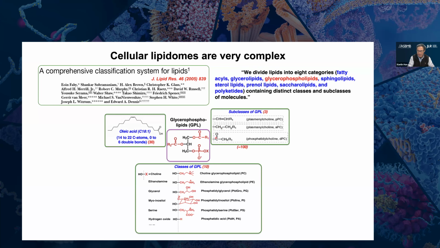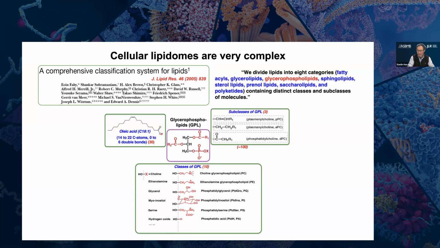X is a small polar molecule that defines the class of glycerophospholipids. R2 is usually a fatty acid containing different numbers of carbons, double bonds, as well as double bond locations. The sn-1 position, R1, is more complicated.